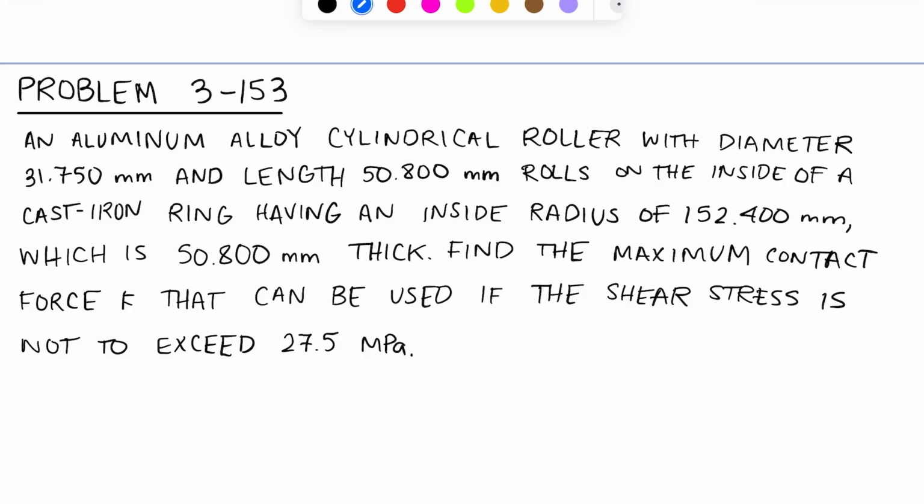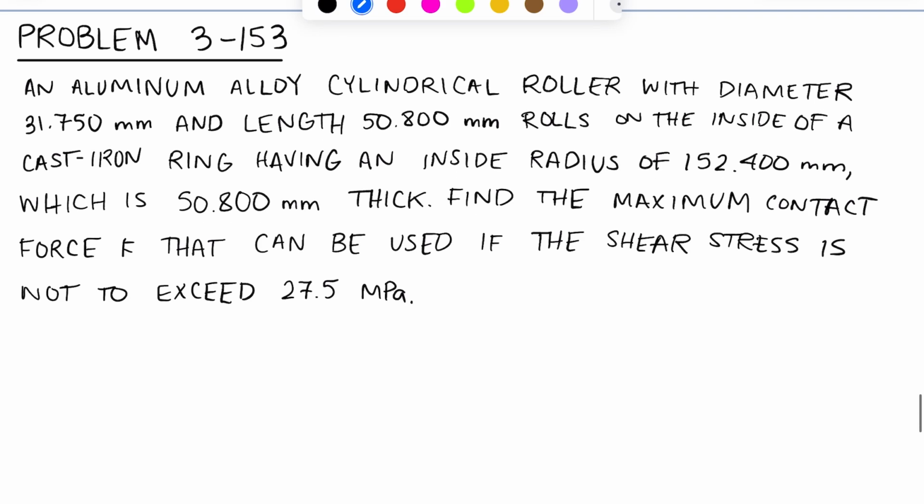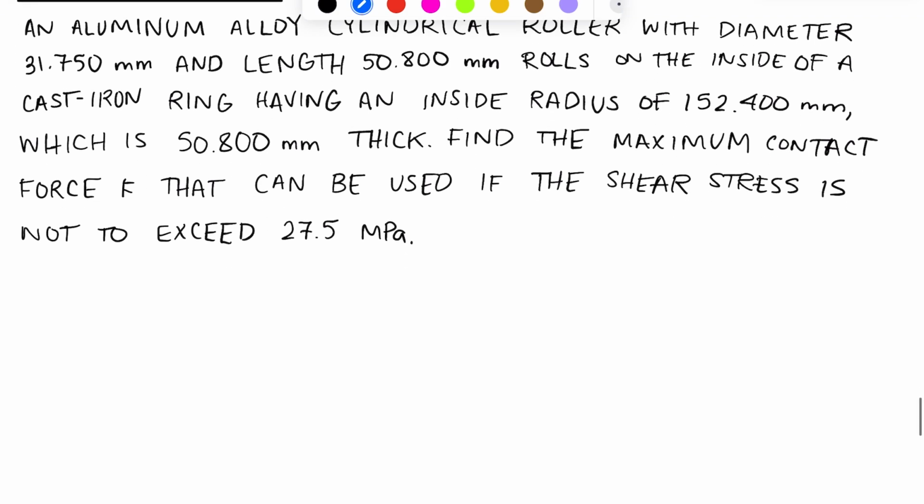So first let's just draw what this question has described for us so we get a better idea of what exactly is going on here. We have this cylindrical roller with a diameter. I'm going to call this D1, where D1 is equal to 31.75 millimeters.